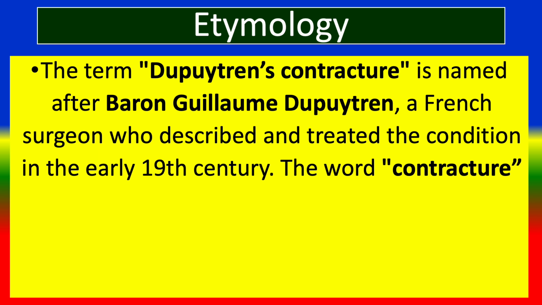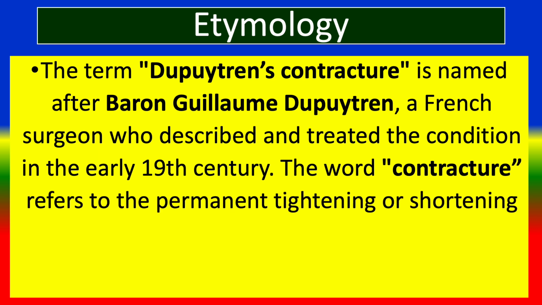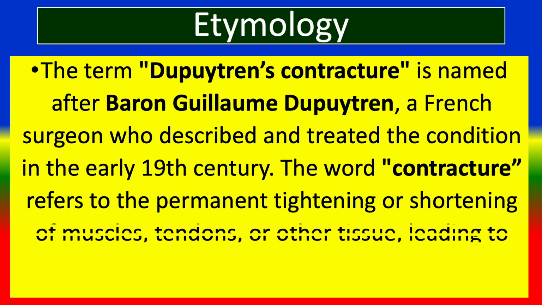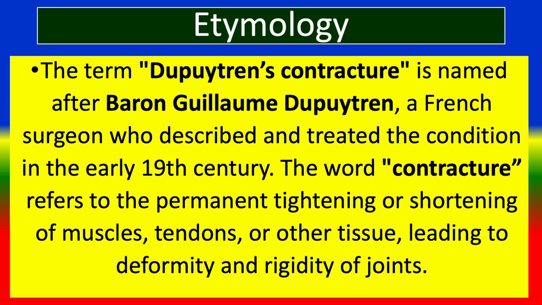The word contracture refers to the permanent tightening or shortening of muscles, tendons, or other tissue, leading to deformity and rigidity of joints.